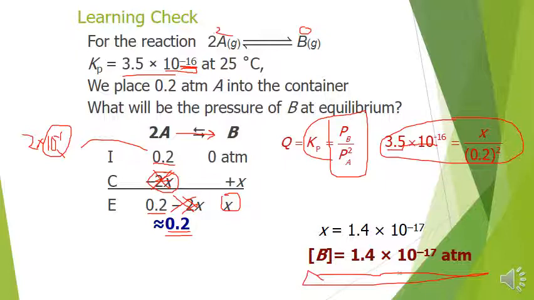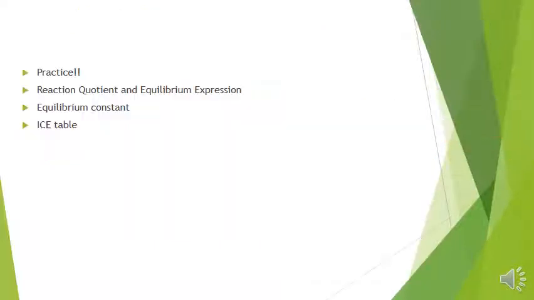Okay, so that's when K is very, very small. You can make these kinds of assumptions. And you'll see it again when we get into acids and bases and solutions. Okay, so this ends the equilibrium introduction, and you're going to see plenty of this in the next couple of sets of material.